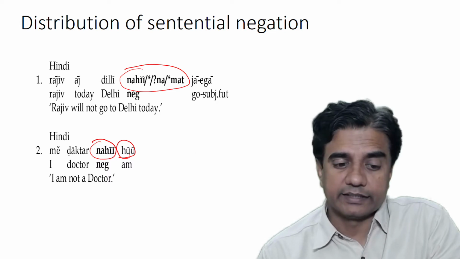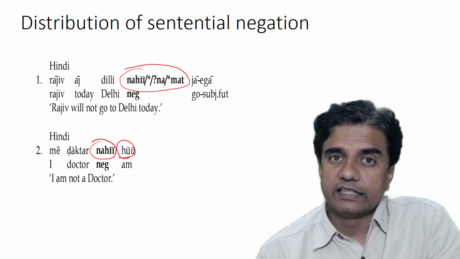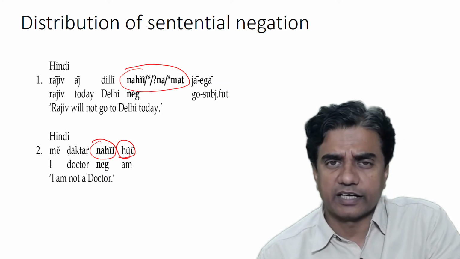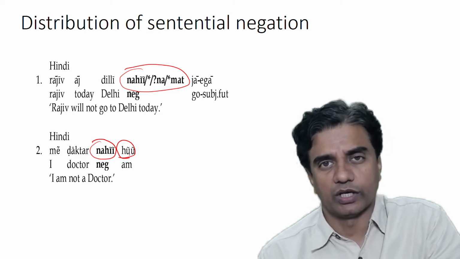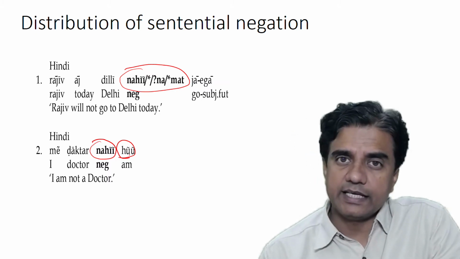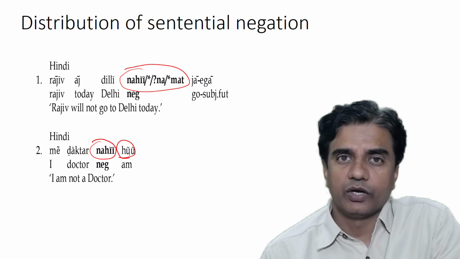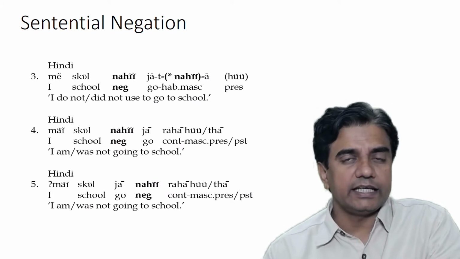Some are grammatical, the occurrence of others is marginally grammatical. However, the occurrence of mat as the third one is not grammatical at all. We will see how and where the other markers are grammatical. Sentence number 3.